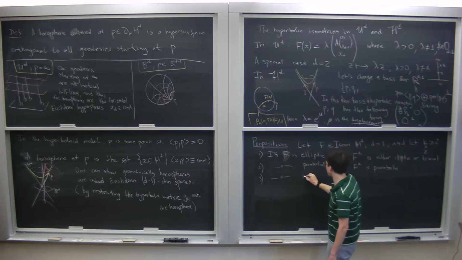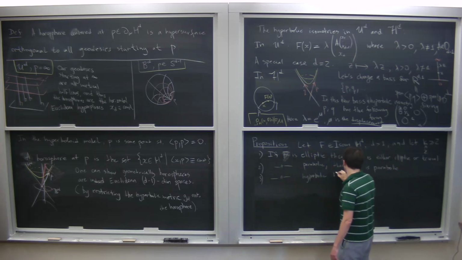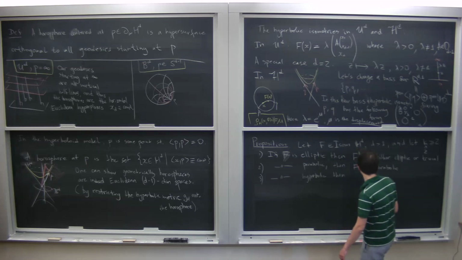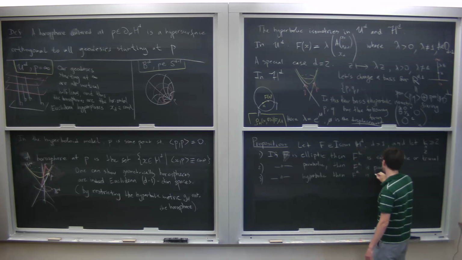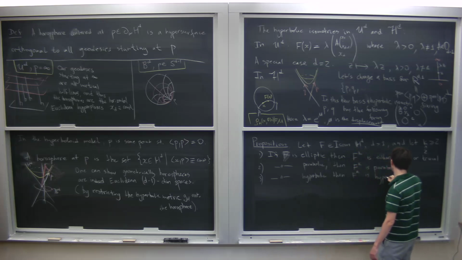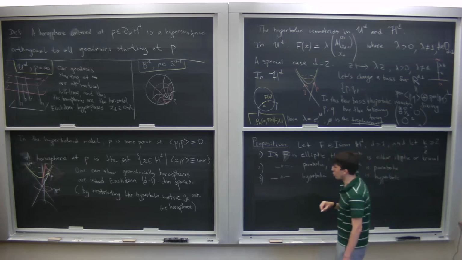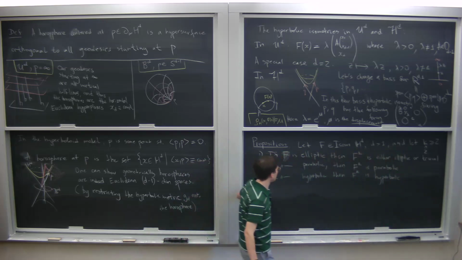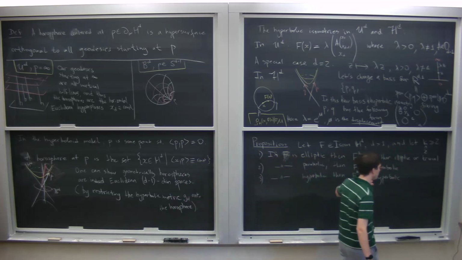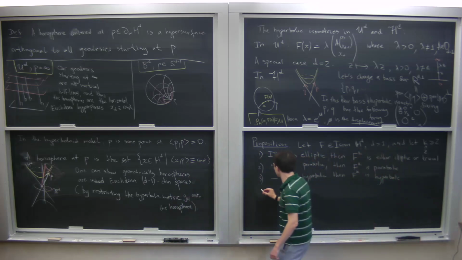And if F is hyperbolic, then F to the power of k is also hyperbolic. Moreover, finite order elements can only be elliptic.